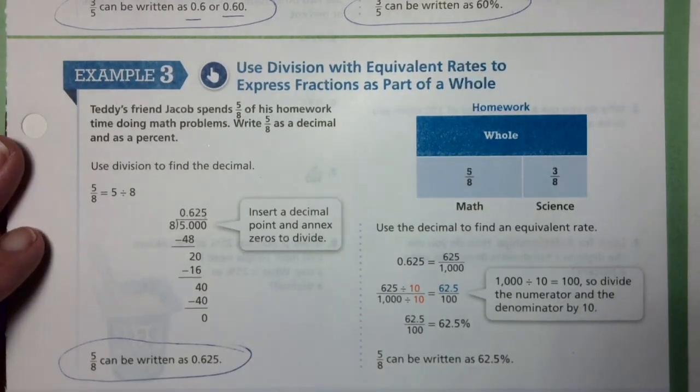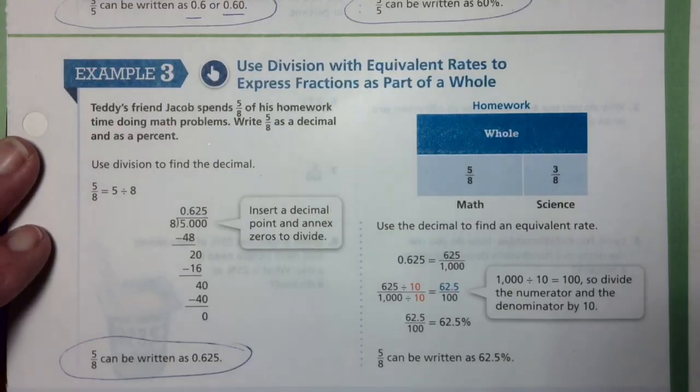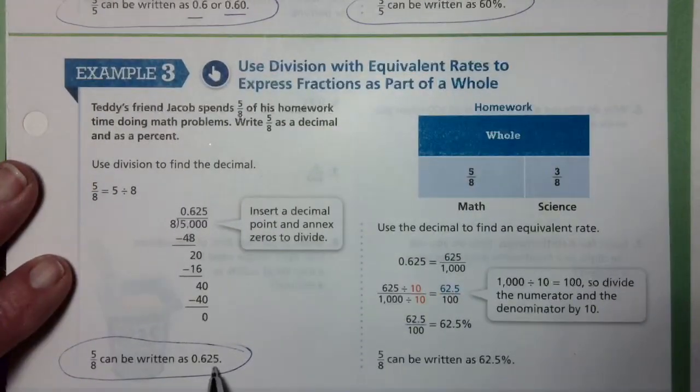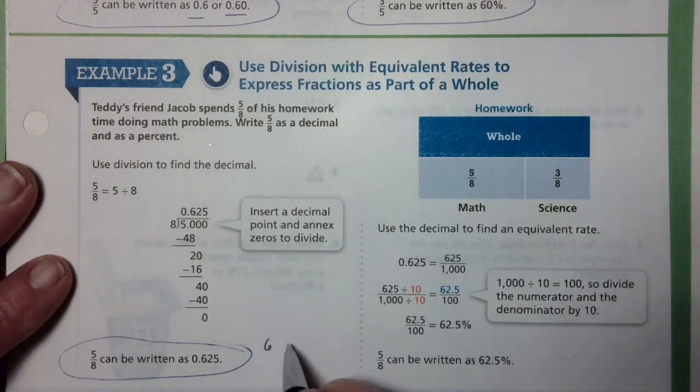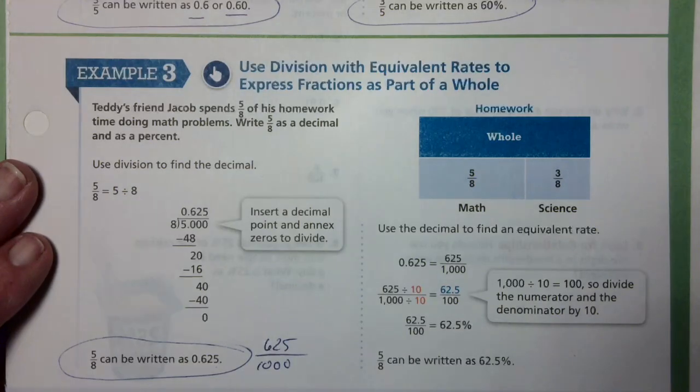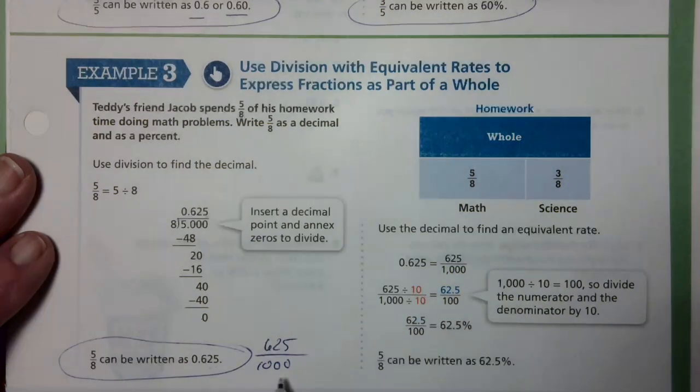Now, here's what I've been saying. If you know how to read this decimal, that's tenths, hundredths, thousandths, then 625 over 1,000 is your fraction form. If you can read this, you can write this.